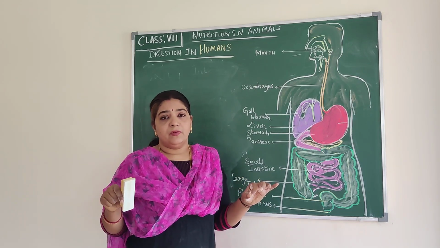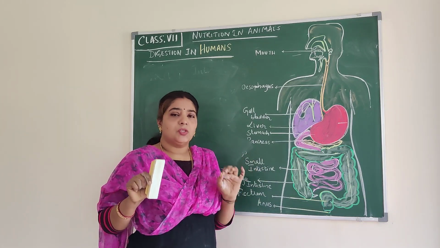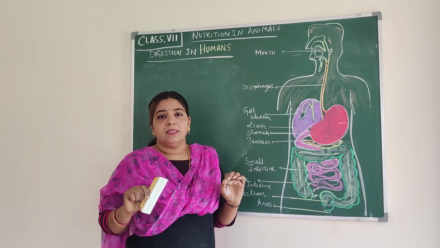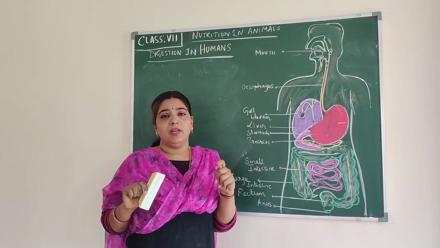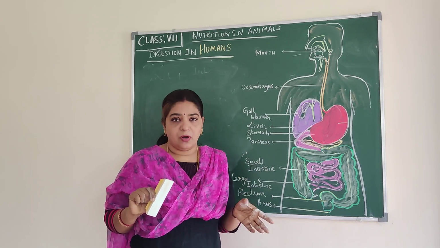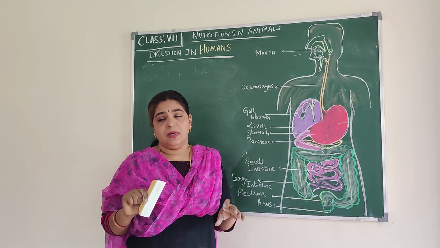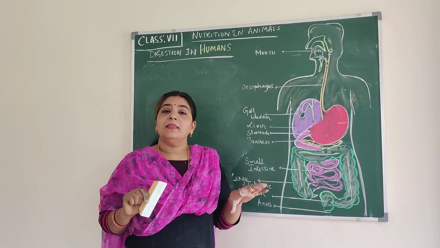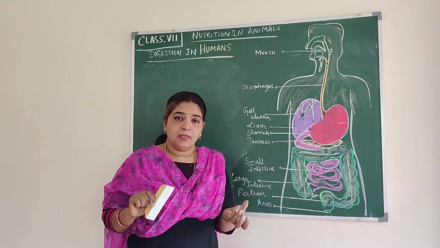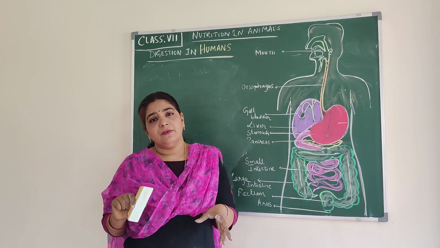All the complex food will be converted into simple soluble form in the small intestine, and the small intestine has finger-like structures called villi, which will help in absorption. Okay, that is the third step in nutrition, absorption. Then the absorbed food is taken by the blood vessel to different parts of the cell.